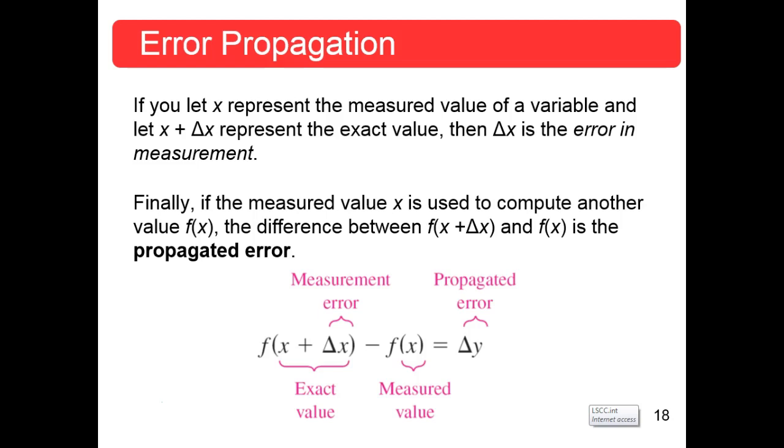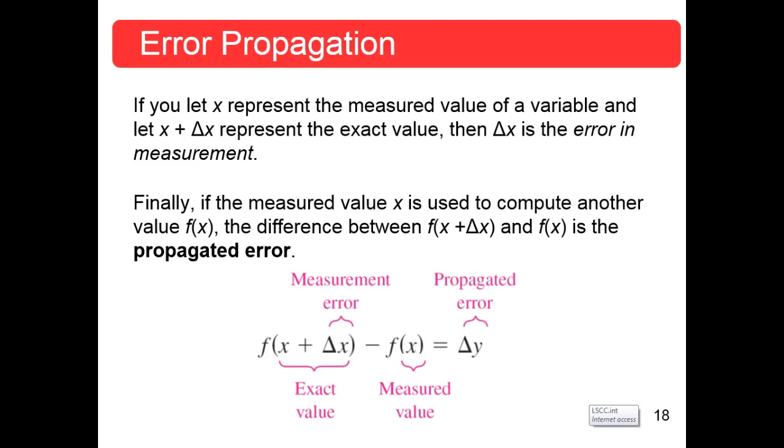Finally, if the measured value x is used to compute another value, f of x, then the difference between the f of x plus delta x and the f of x is called the propagated error, okay? Because you use this value that you rounded to here, but the actual was this, but you didn't know exactly how much difference you had there, so you've now had a propagated error, okay?